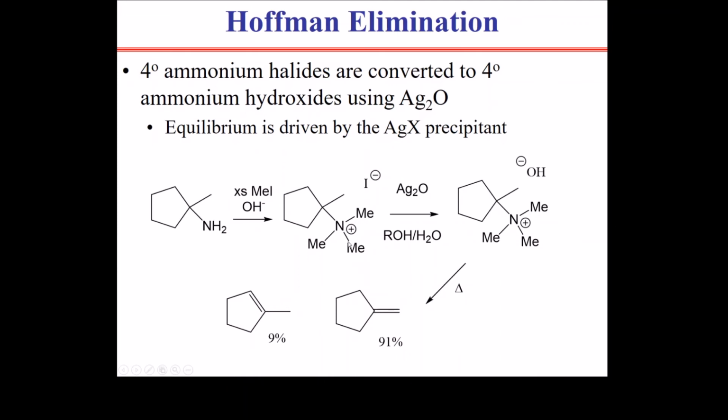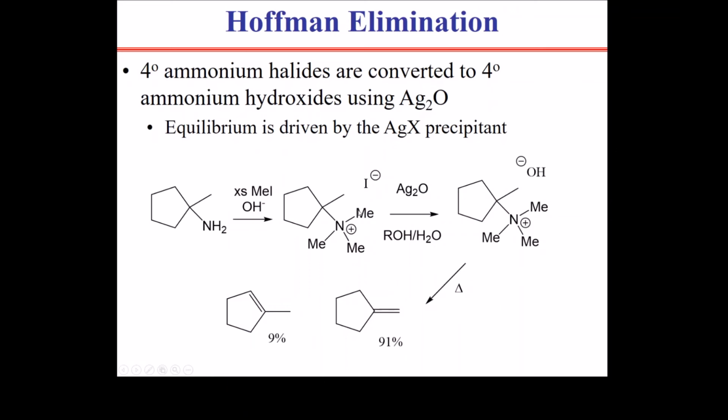That quaternary ammonium iodide is changed out for a quaternary ammonium hydroxide by using silver oxide in an alcohol water solvent. Silver will form a precipitate when you mix it with any of the halide ions that we typically use, chloride, bromide, iodide, and that formation of a silver iodide or silver chloride or silver bromide precipitate will drive the equilibrium.